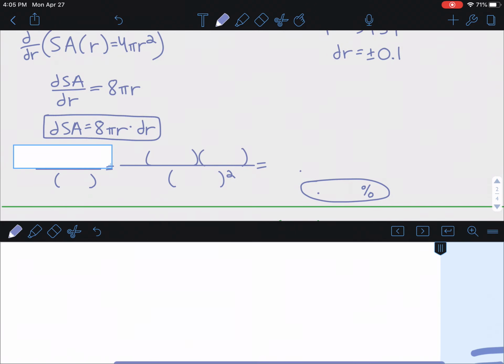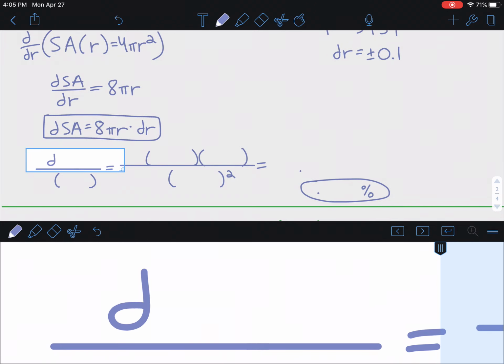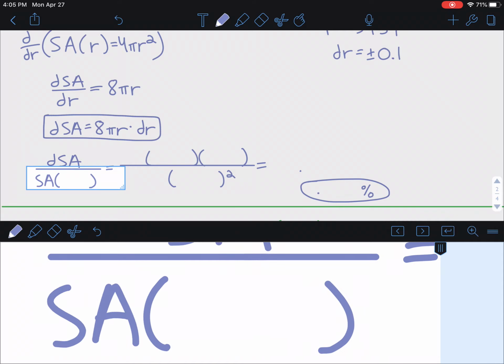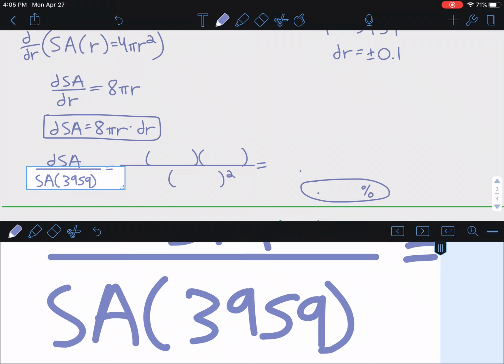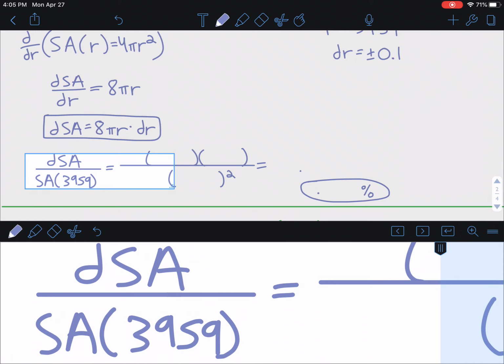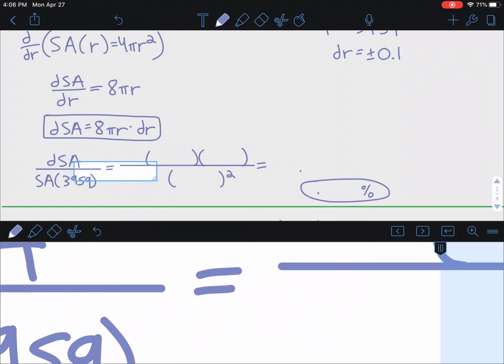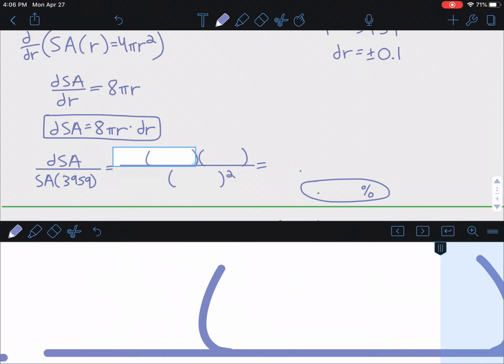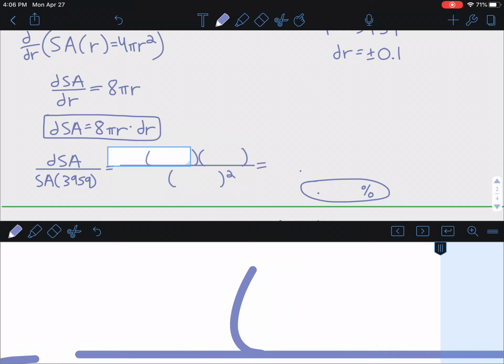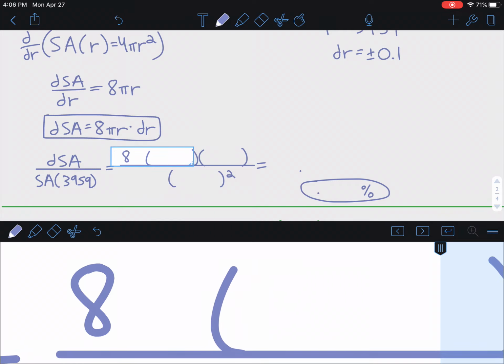So I want to know what is the differential of the surface area over the initial surface area when we have a radius of 3,959. And at the end we'll multiply it by 100 to turn it into a percent. We're going to get 8 pi r dr for the numerator, so 8 pi.